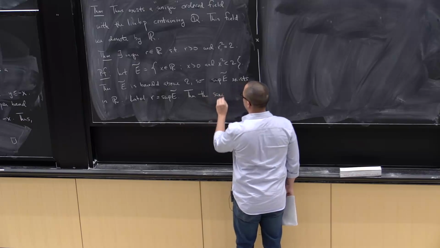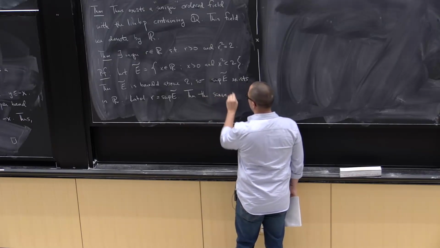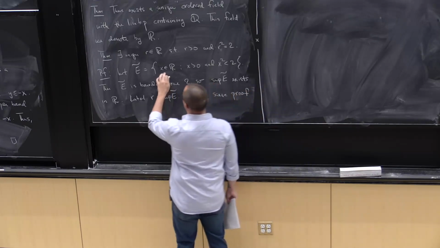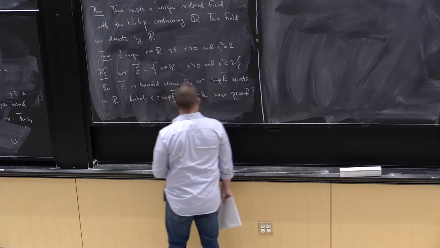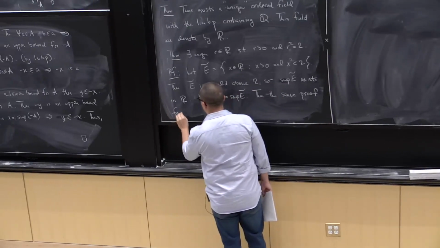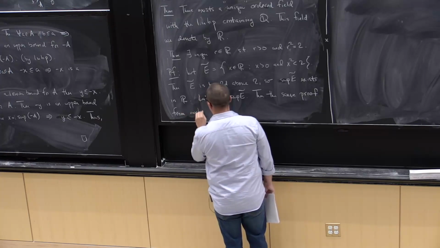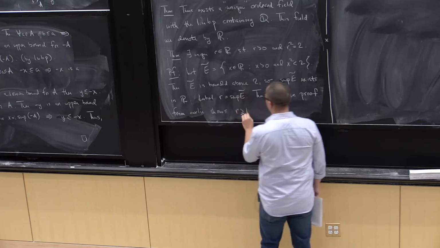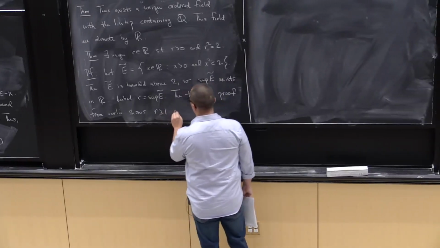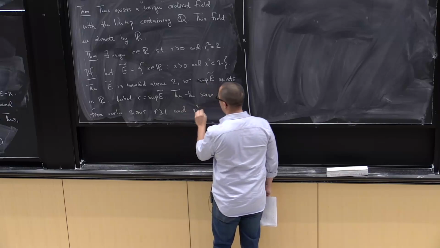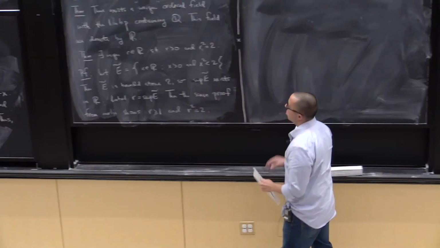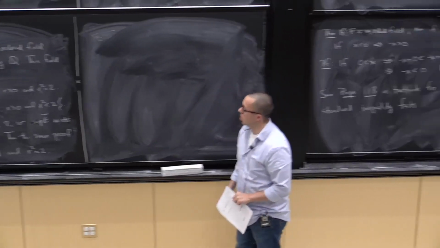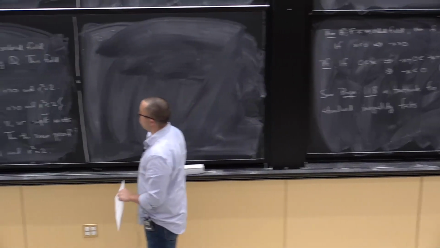Then the same proof, I'm not going to do it again because we've already done it. And all you need to do is replace Q's with R's. Shows r is bigger than or equal to 1. In fact, it's bigger than 1. And r squared equals 2. Okay, so there does exist an element of R which is positive and whose square is 2.